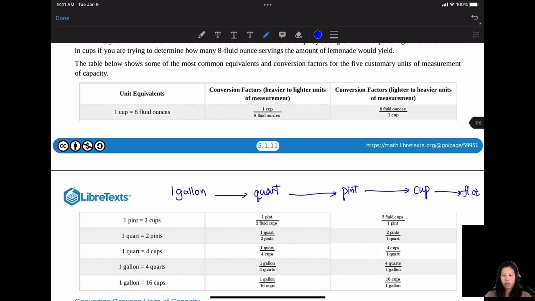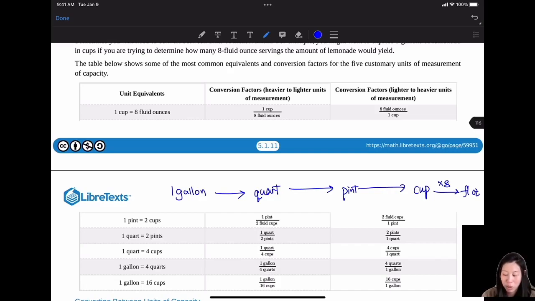So from fluid ounces to cup, I have to do the opposite, from the smallest one to the largest one. Yeah, that makes sense. This is right. 1 cup equals 8 fluid ounces.